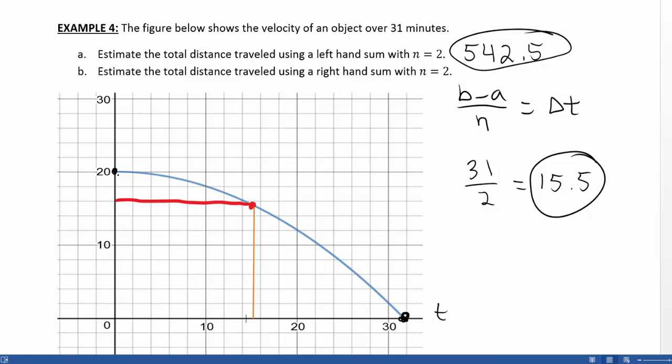Now, when I do this for my next interval, 15.5 to 31, that means I'm picking the height at 31, which is unfortunate because that height is 0, right? Which means that the area of my second rectangle is 0 because it has no height, which means it has no area. So I just need to get the area of my first rectangle here. So again, I'm going to do width times height. We said the width was 15.5. We approximated the height to be right around 15. And we said that 15 times 15.5 was 232.5.